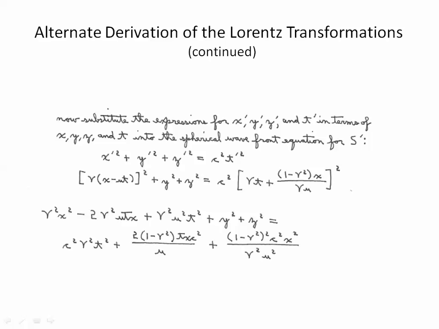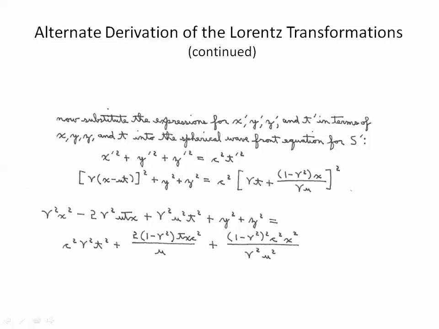This gives us the quantity gamma times x minus ut all squared plus y squared plus z squared equals c squared times the quantity gamma times t plus quantity 1 minus gamma squared times x divided by gamma u all squared.